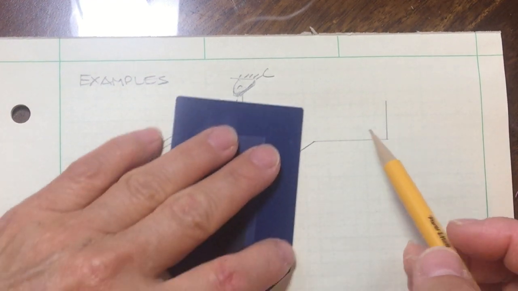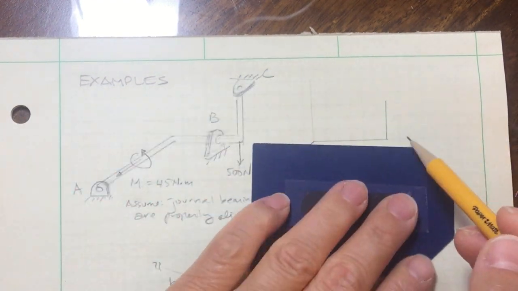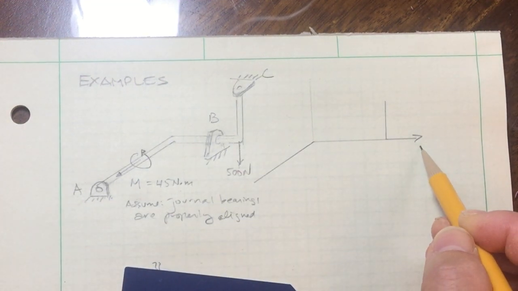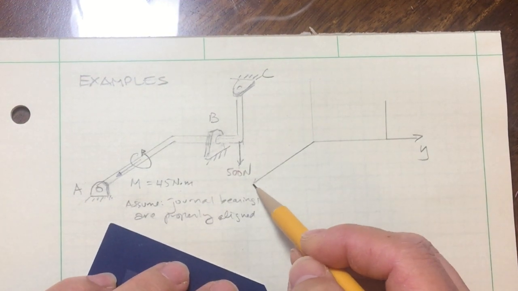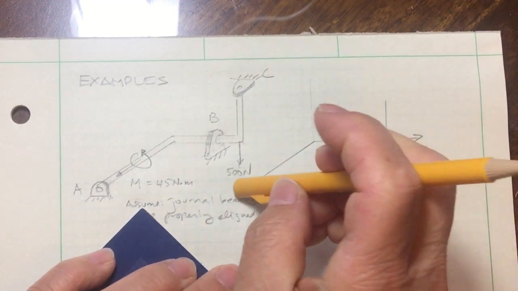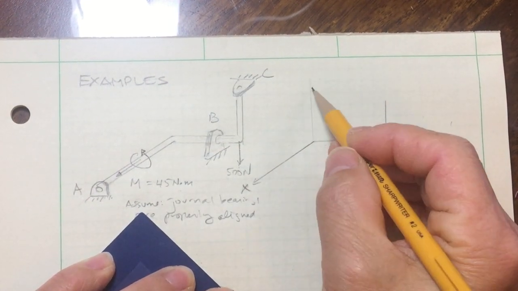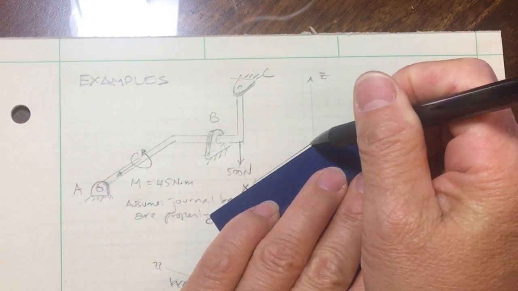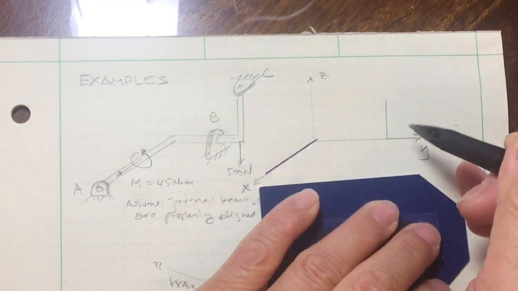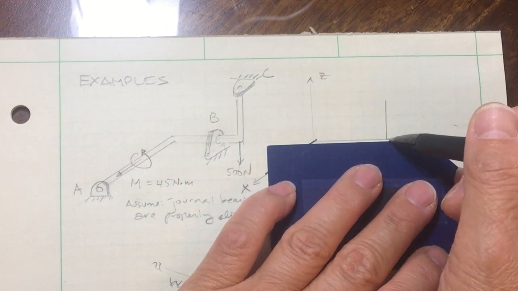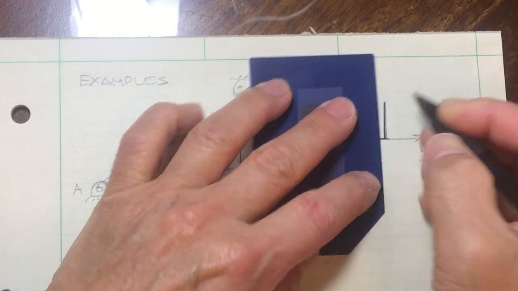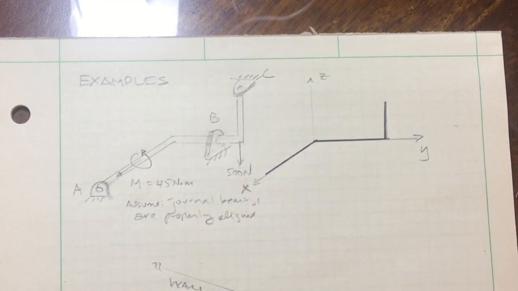So let's assign this to be our y-axis, x-axis, and our z-axis, and our pipe assembly looks something like this. I'm just idealizing it right there and right there. So that's our pipe assembly.